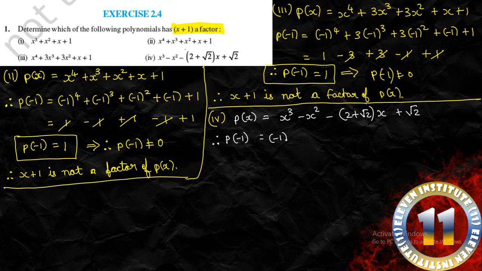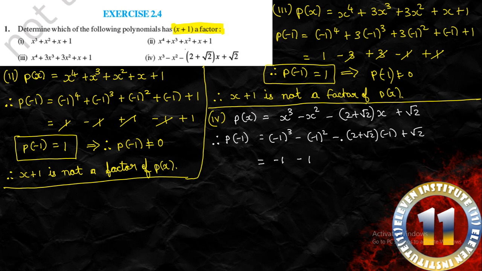So wherever we see x, we will again put minus 1 each and everywhere. Right? Now let us solve this. So what is now minus 1 cube? We very well know that minus 1 cube is minus 1. Minus 1 the whole square is plus 1, and plus minus will again give us minus. Right? Don't be confused over here.